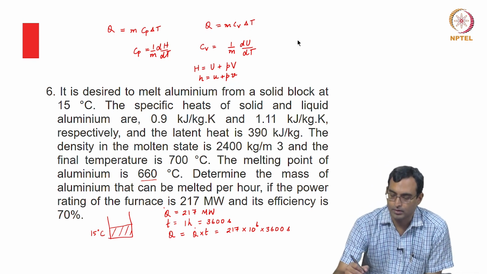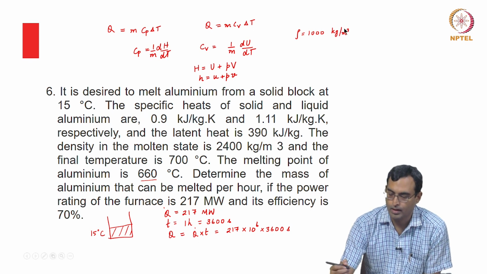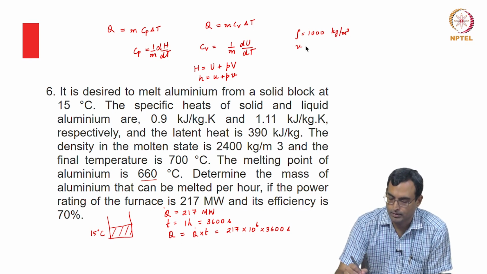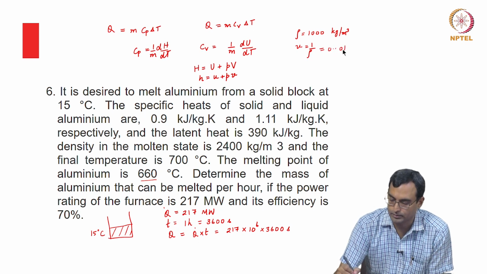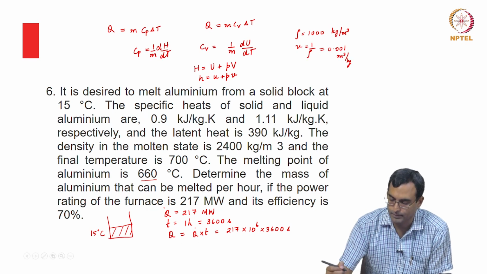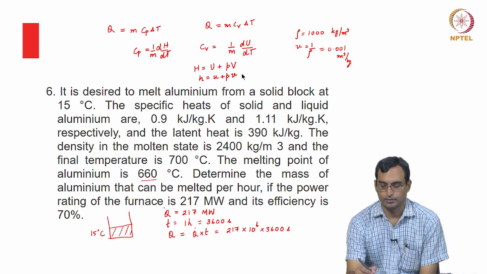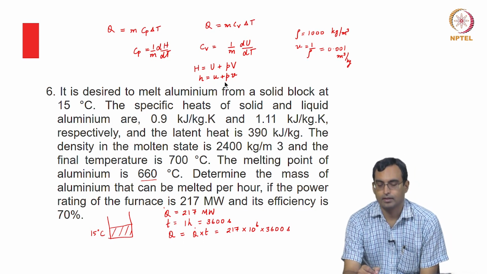For example, water has a density at room temperature of close to 1000 kg per meter cube. So, the specific volume is about 0.001 meter cube per kg. So, the specific volume is pretty small, and this term is negligible.